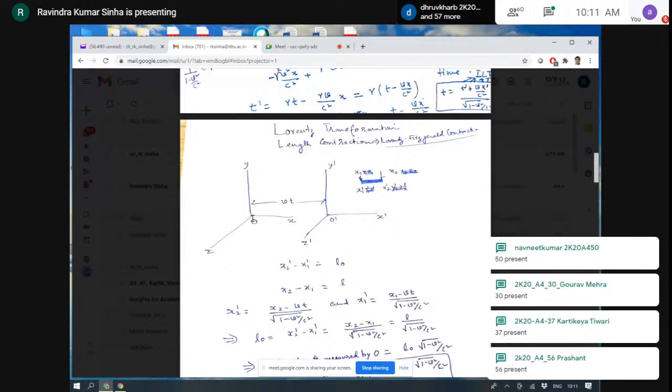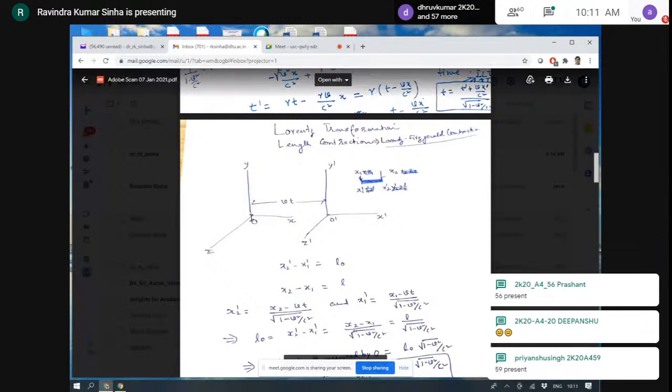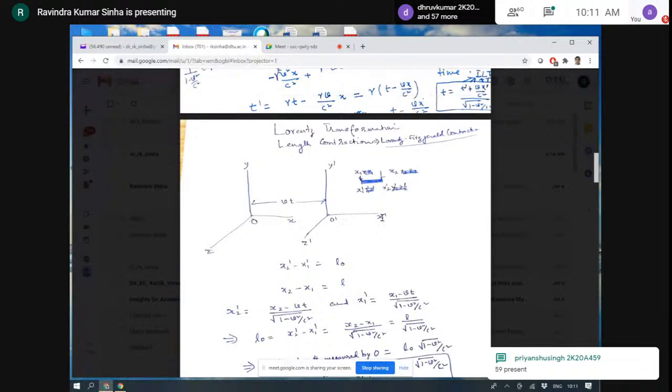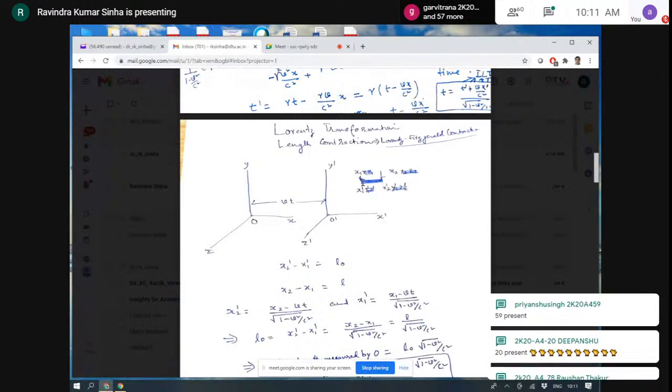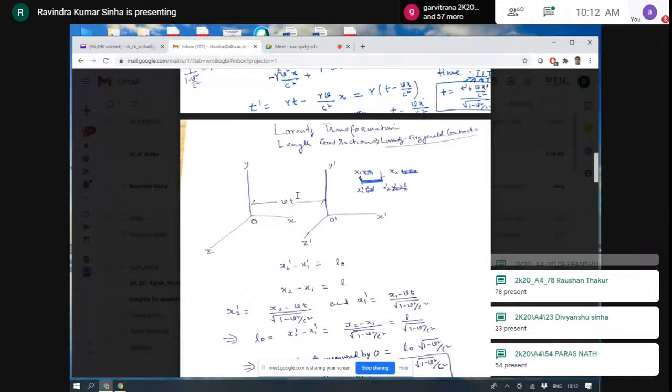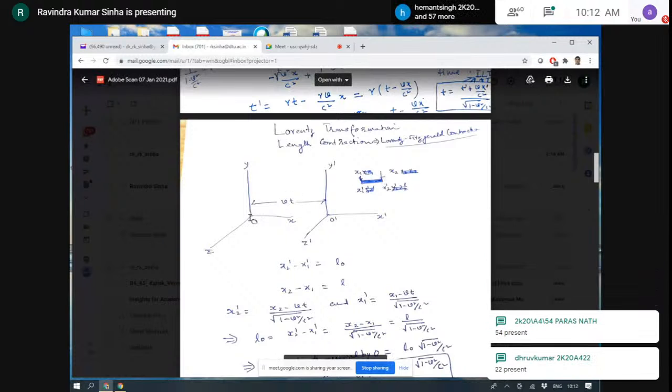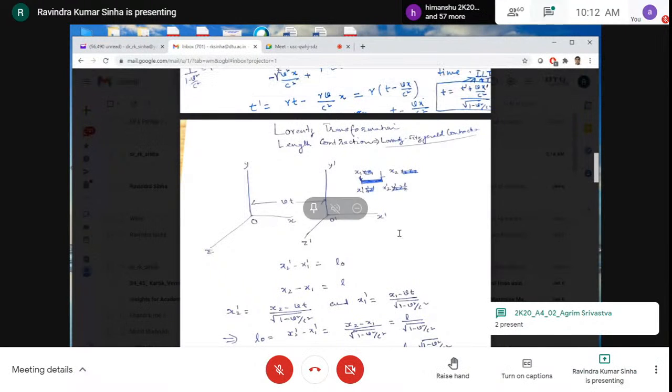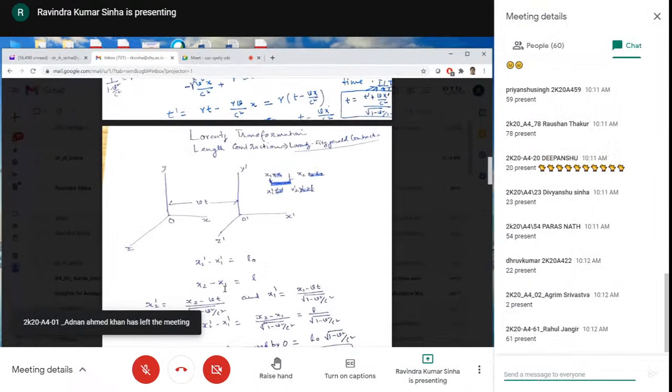So how much is that contracted length? It will be x2 minus x1 with respect to this coordinate axis. So it will go up to here and then minus it here. So that is x2 and x1 for this person. The frame is moving along the x-axis. So that length will be x2 minus x1.